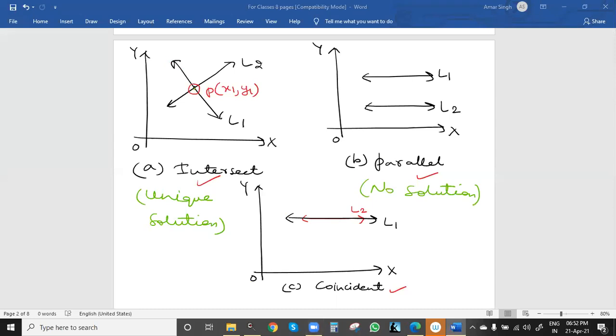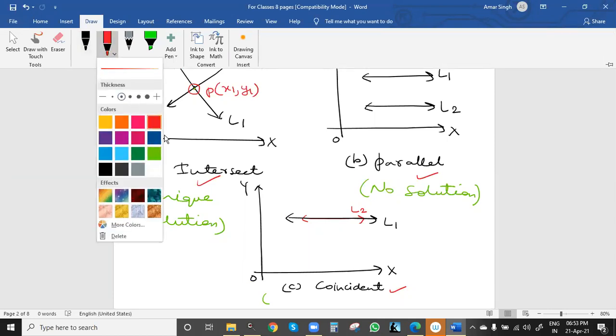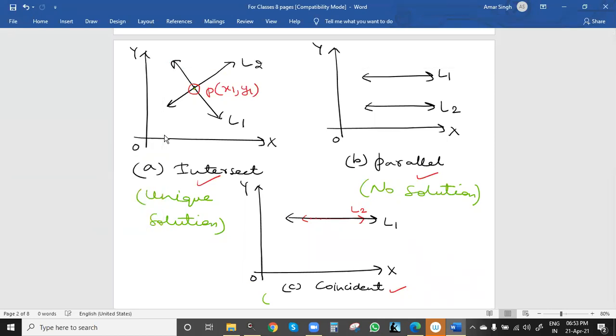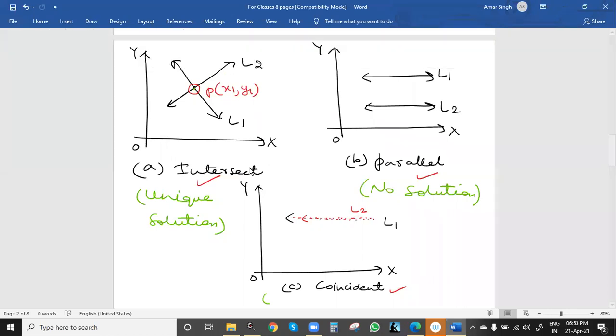Now for the third case, lines are intersecting at infinite points. Carefully understand: at all the points they are intersecting. All the points are common points, the points lying on the line itself, common for both the lines.